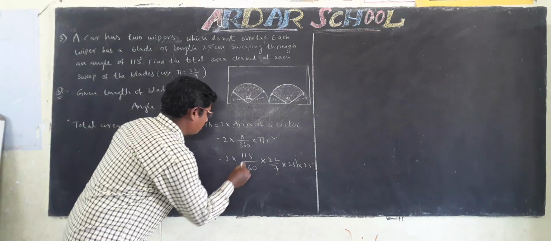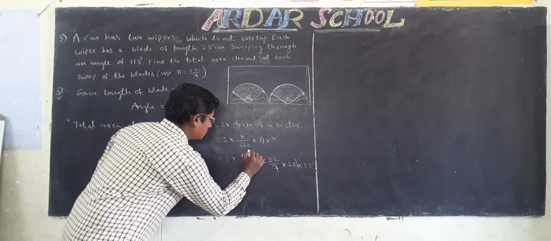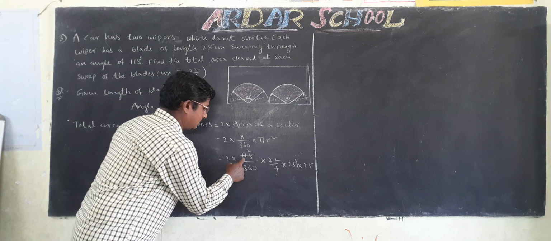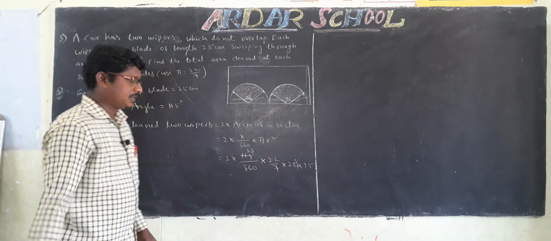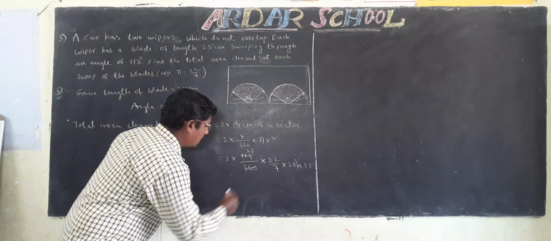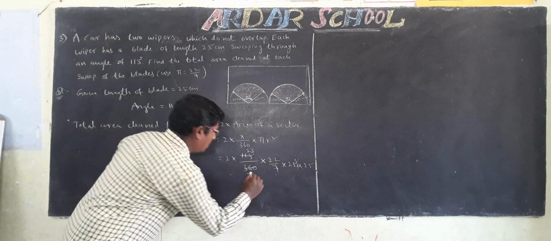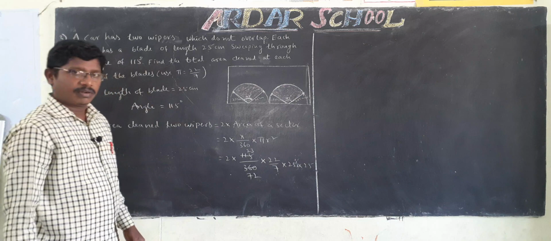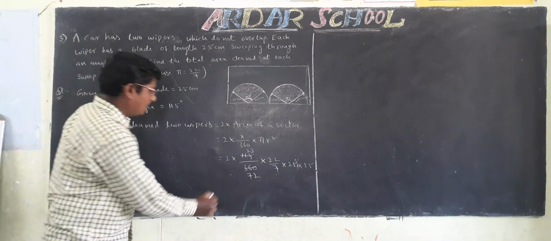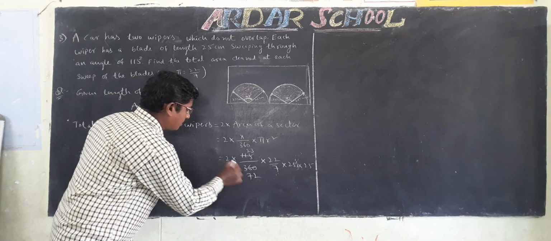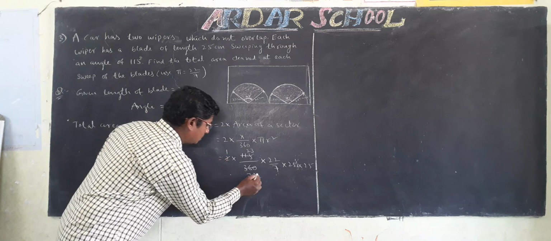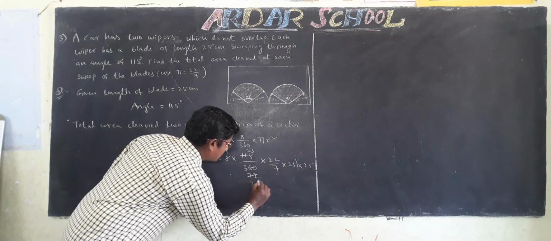Cancel these two: 5 twos are 10, 5 threes are 15, 5 sevens are 35. 5 twos are 10, 5 seventy-twos are 360. Cancel with 2, 2 ones are 2, 36.